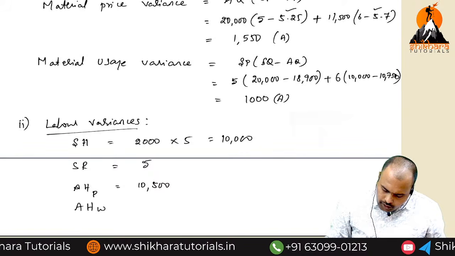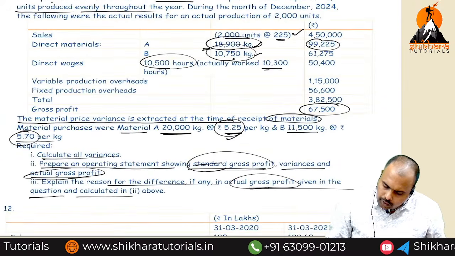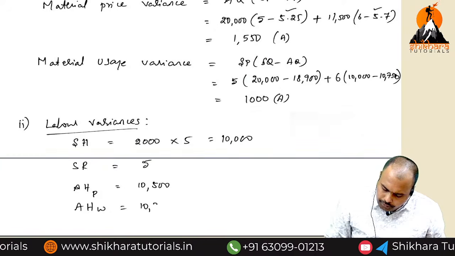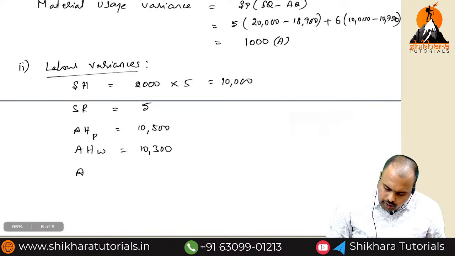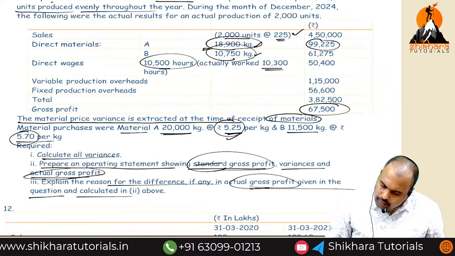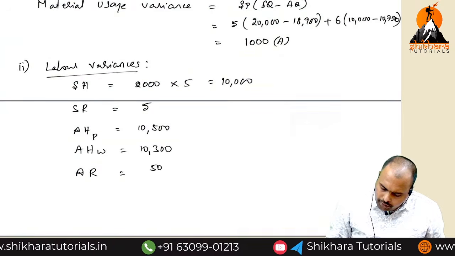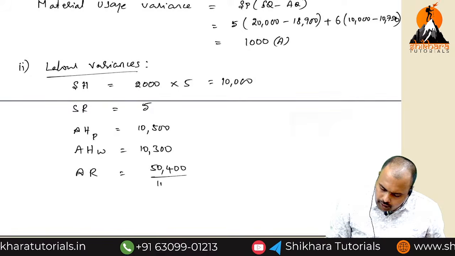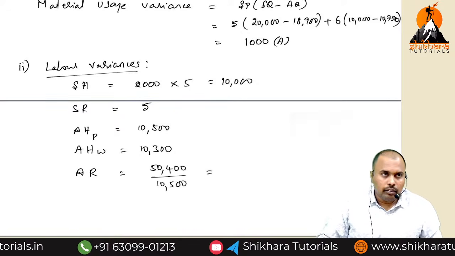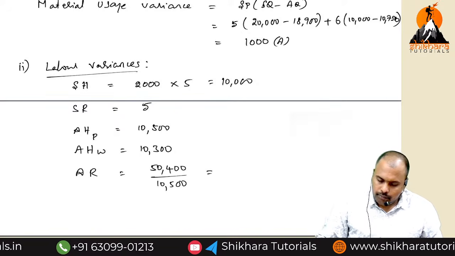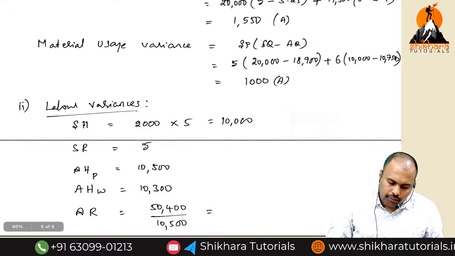Actual hours worked 10,300. Then actual rate is equal to 50,400 divided by 10,500.